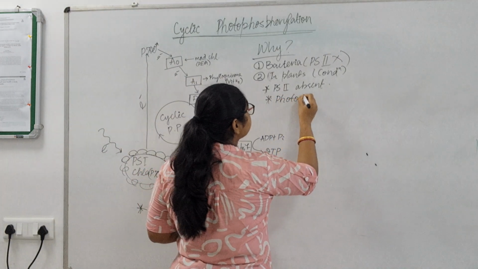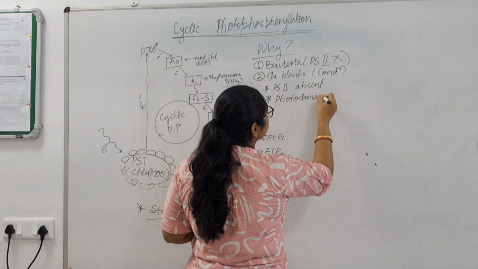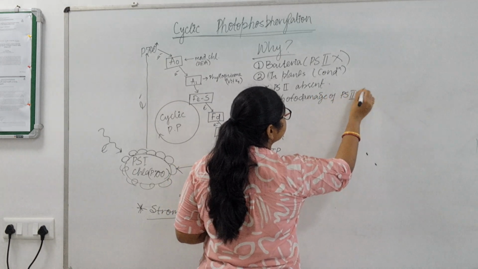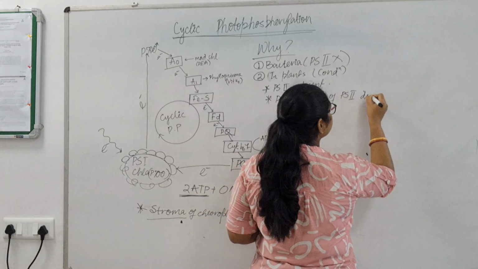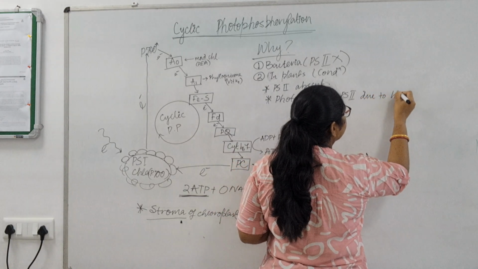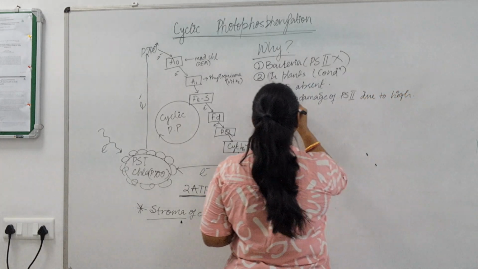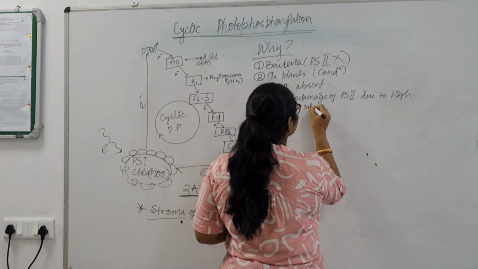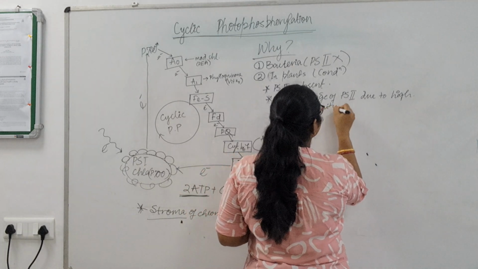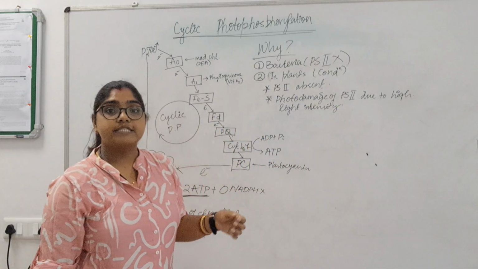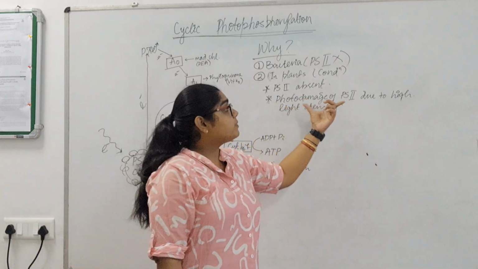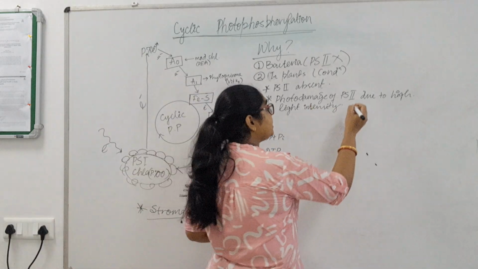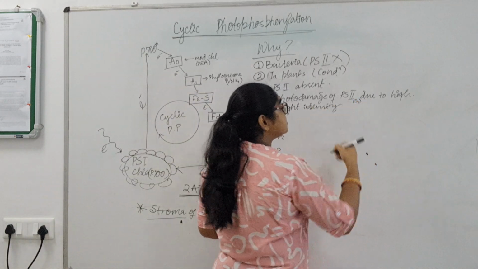So the second reason is photo damage of photosystem 2 due to high light intensity, mostly of the D1 protein of photosystem 2.